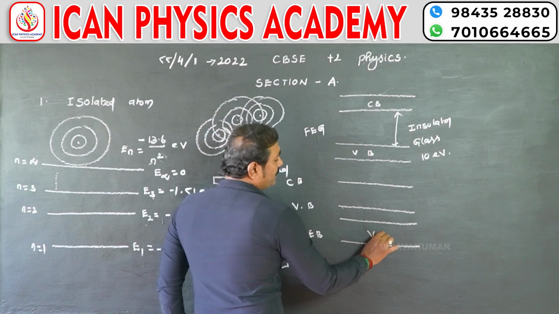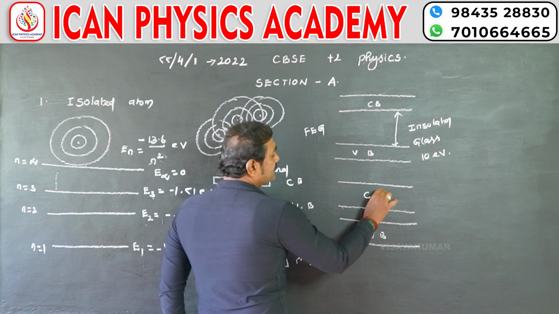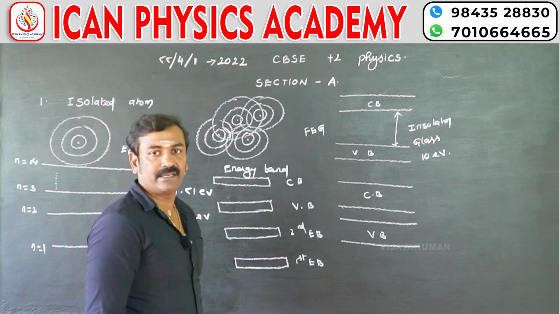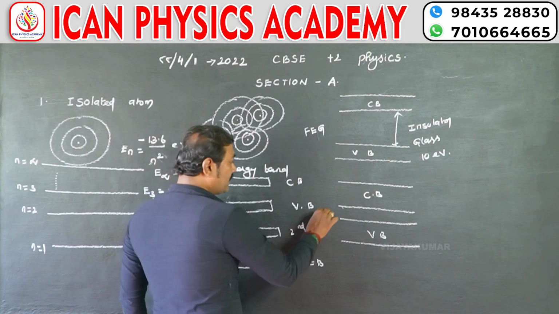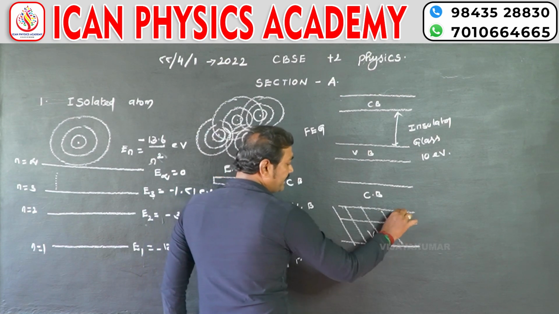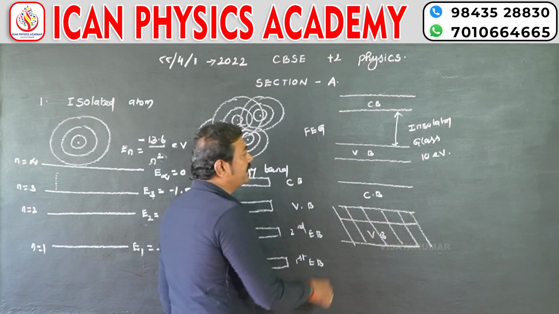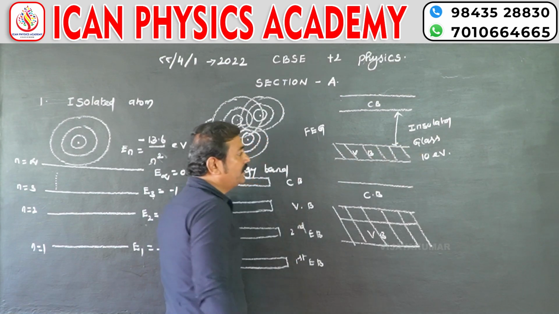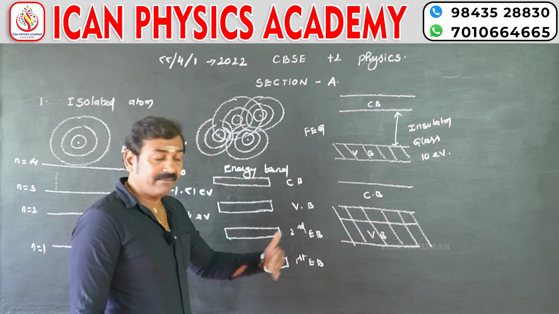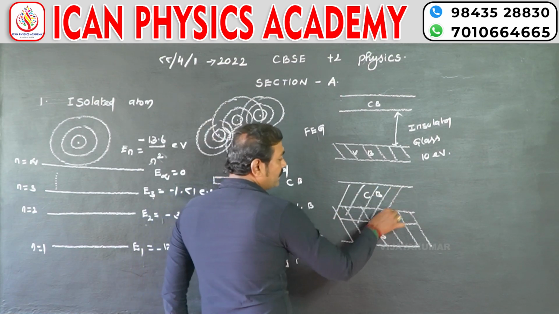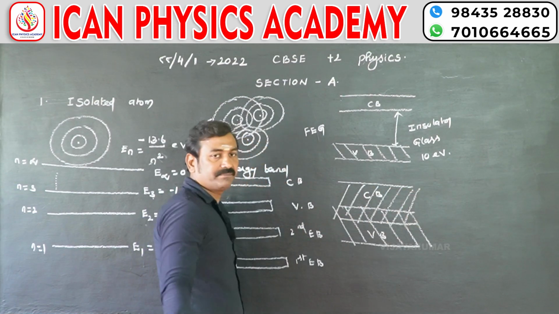So this is the valence band and this is the conduction band. How can we distinguish? We can draw the shade like this, this is for the valence band, and here we draw the shade for the conduction band.